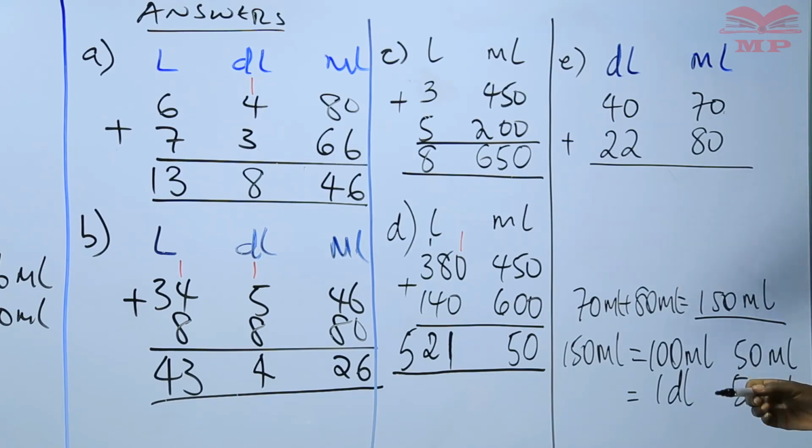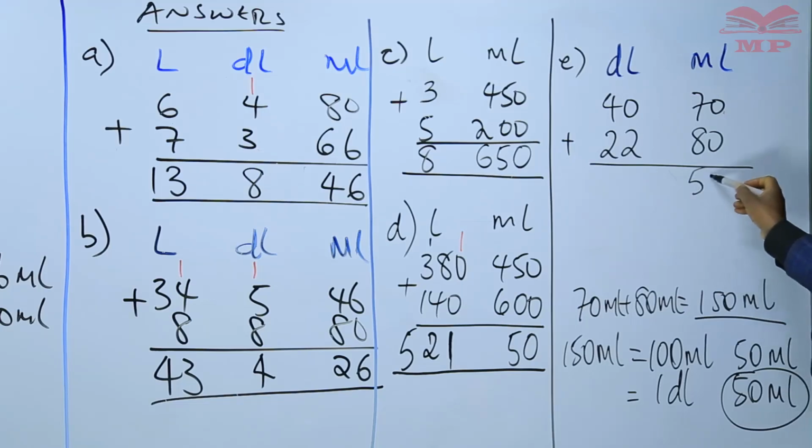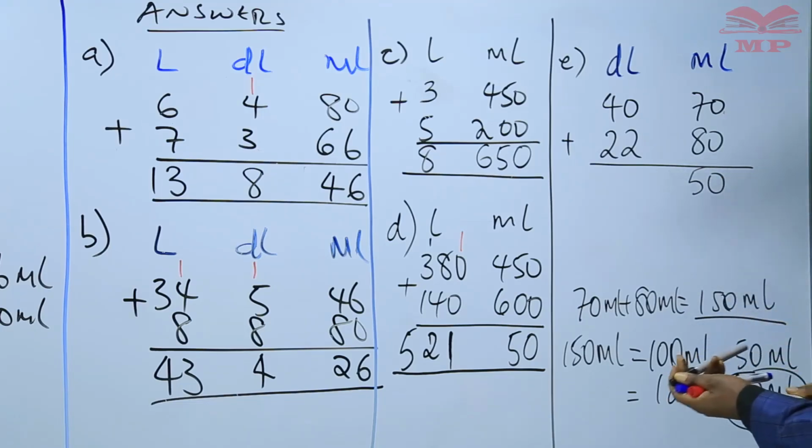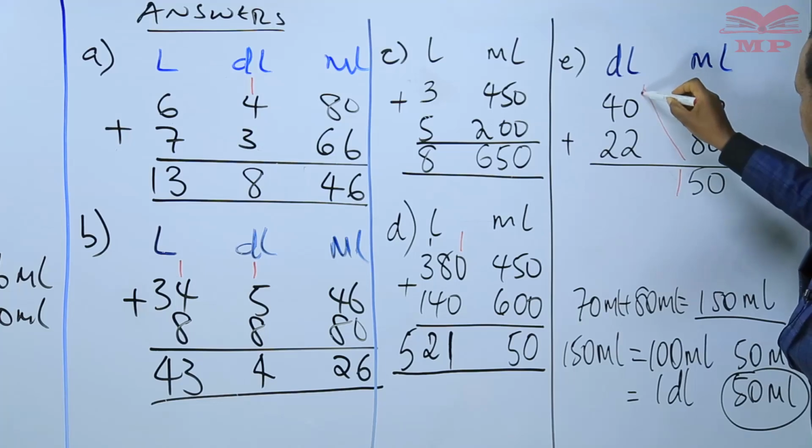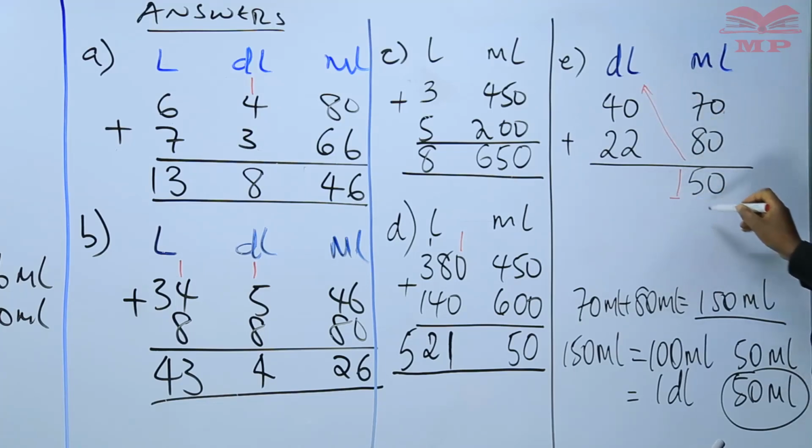Coming to the column for milliliters, we will write 50 milliliters. Remember, this was supposed to be 150 milliliters. So we are carrying this one, which you have seen.